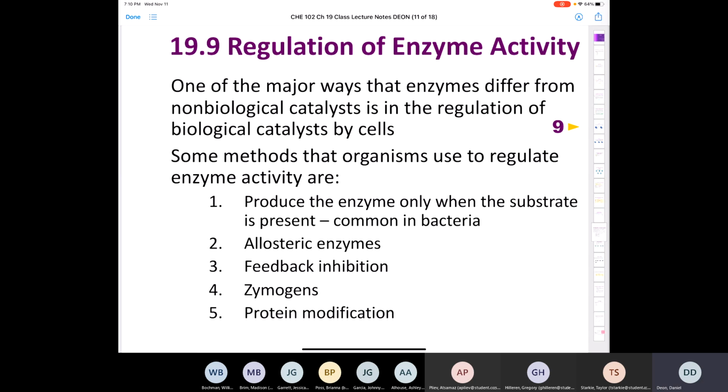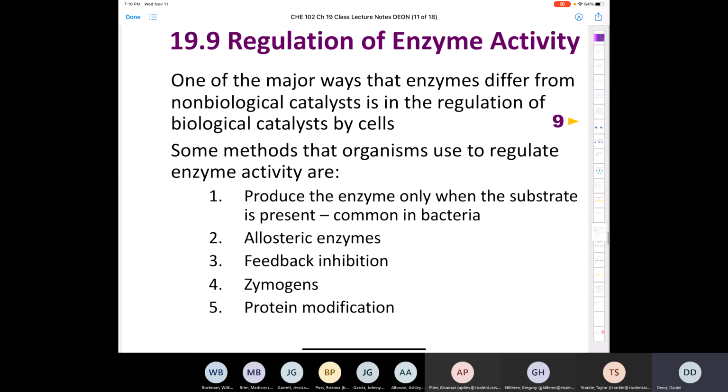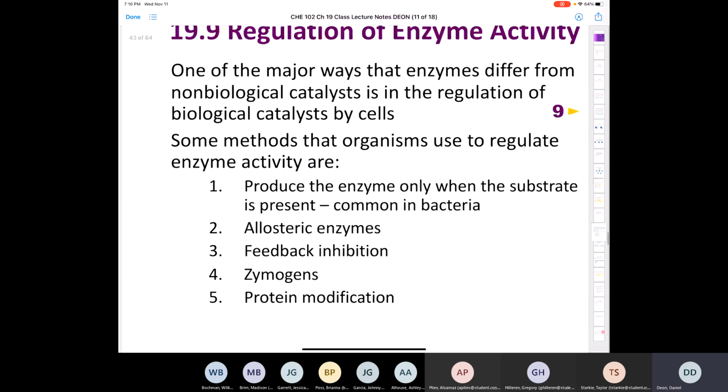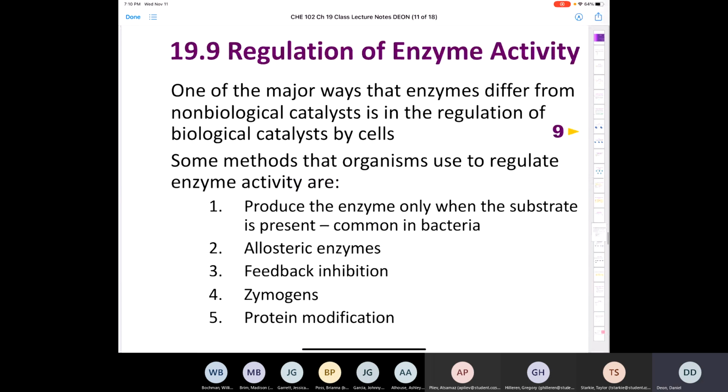Some of the methods that organisms use to regulate enzyme activity are, first of all, to produce the enzyme only when you need it. This is common in bacteria. Why would a living organism spend energy, which is precious, to make an enzyme when it's not required? So that's one way to regulate enzyme activity.